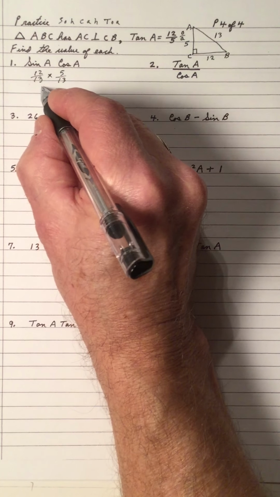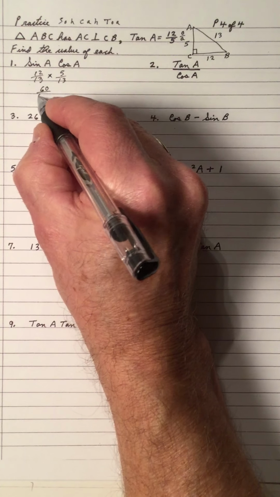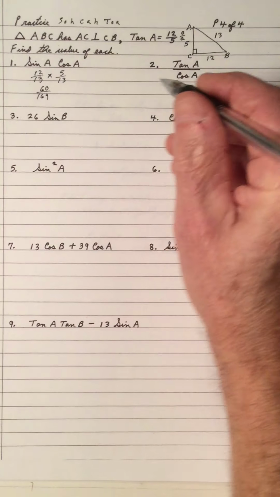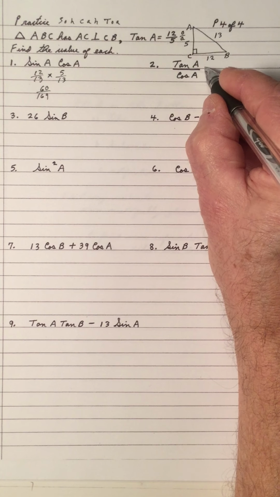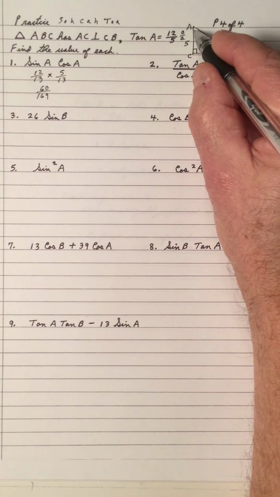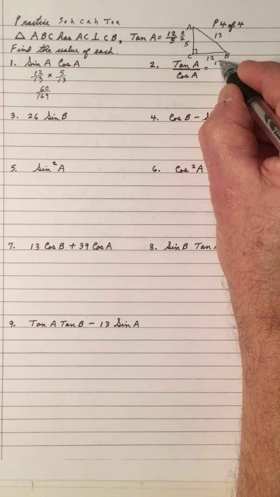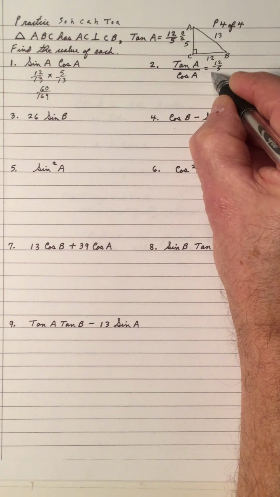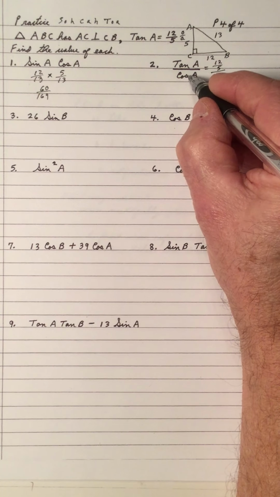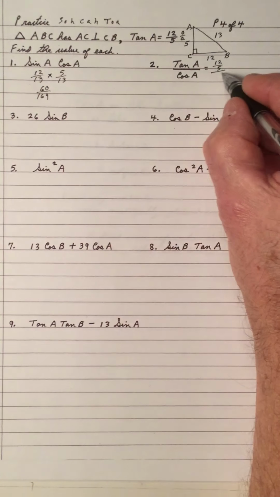So when you multiply that, you get 60 over 169. Done. And we have the tan of A. Tan is opposite over adjacent, so that's 12 over 5, divided by cos of A, which is 5 over 13.